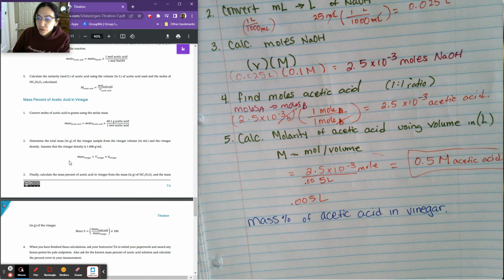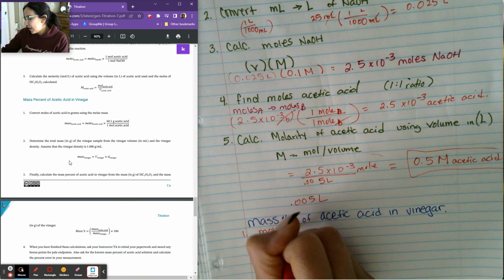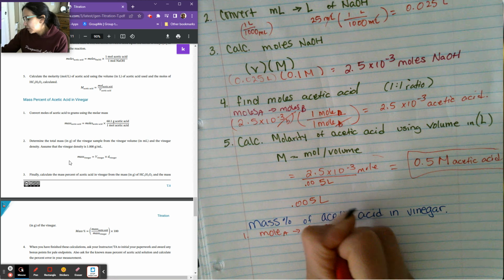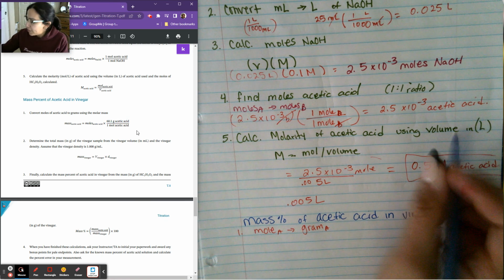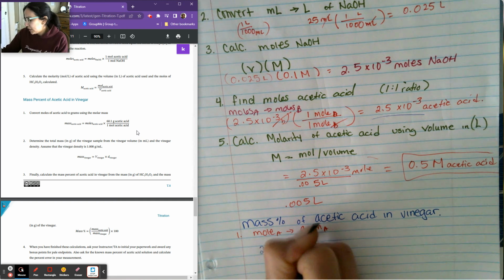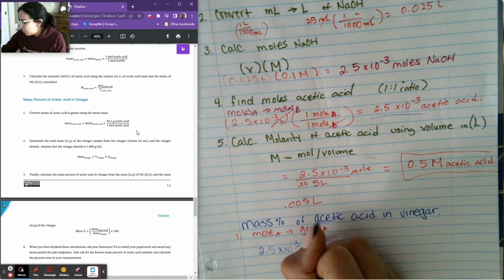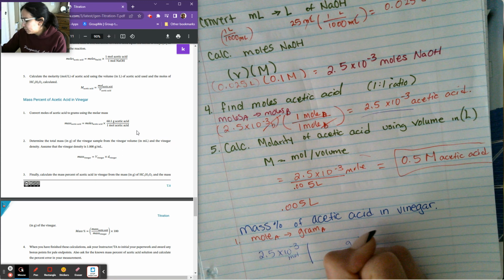We have moles, right? And so what we need to do is take our moles and turn moles into grams. So that's going to be our first step, turn moles of our acid into grams of our acid. Now, luckily for us, it gave us the molar mass already, 60.01. So we're going to take the moles of our acid, which we found as 2.5 times 10 to the negative third, and multiply this by the molar mass, in grams per mole.